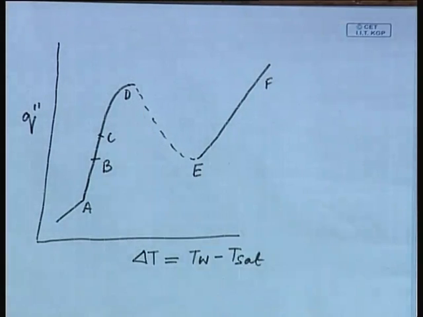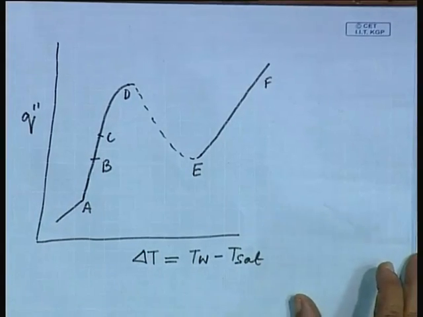We should discuss it in detail. And then E to F, film boiling, though we do not desire this mode of boiling in most equipment, some analysis for this is also available and sometimes that may be needed. So, we will start from the isolated bubble region.